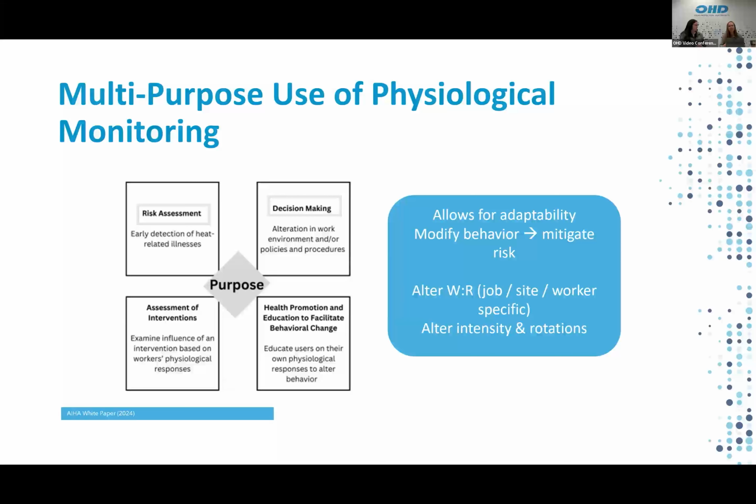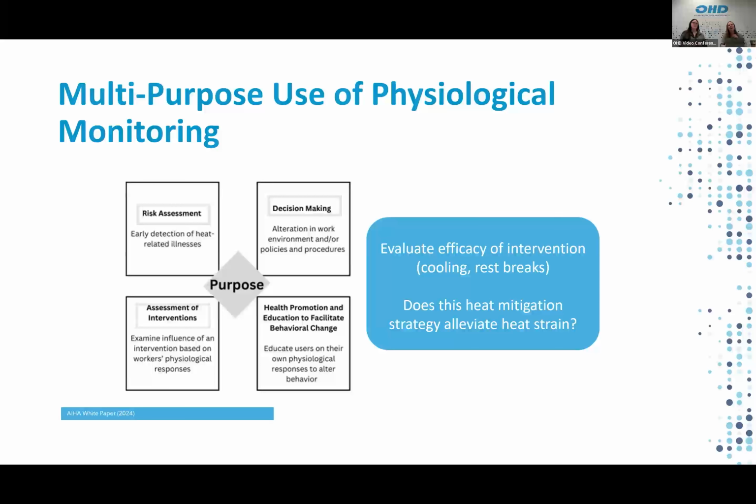So real-time data is also going to help you identify any of your locations in work sites where workers might be at higher risk for greater heat strain. So if you're able to monitor a group of workers, and you notice their numbers are ticking up quicker than other people's, then that can help you target that work site, right? That might be the area where you need to invest some more time in mitigating the heat. And so that can help inform that decision.